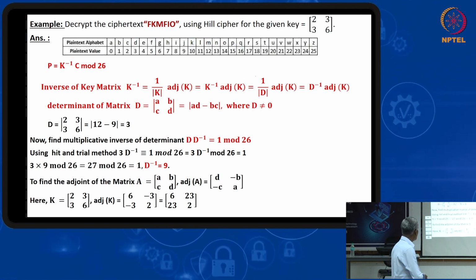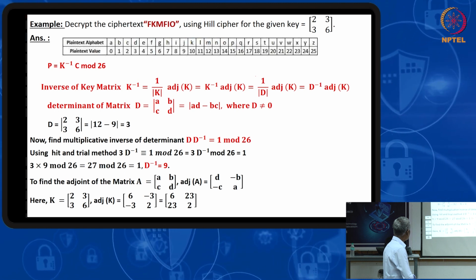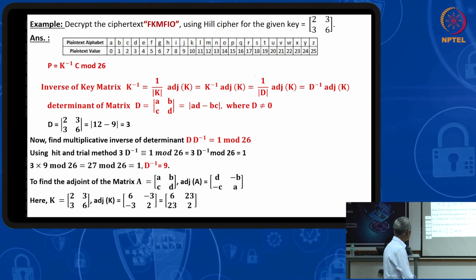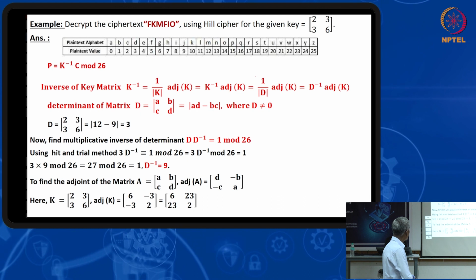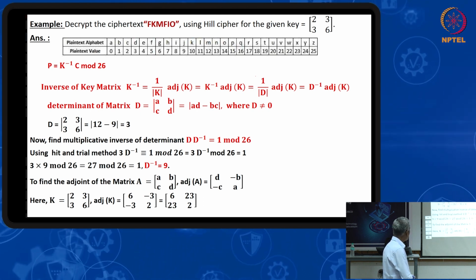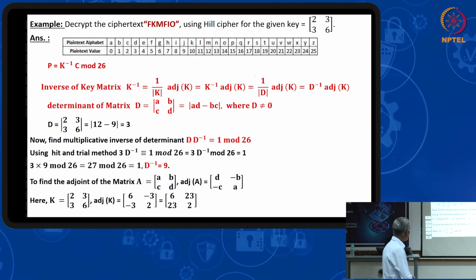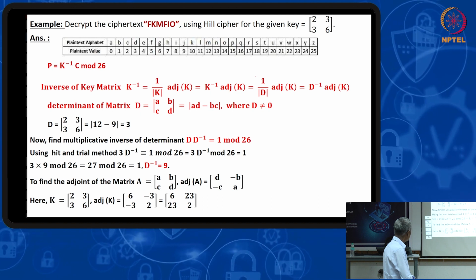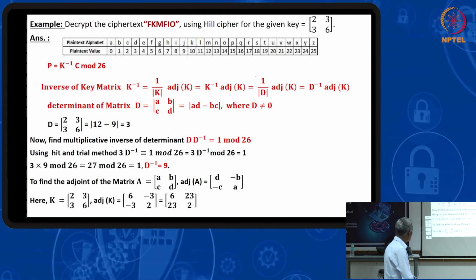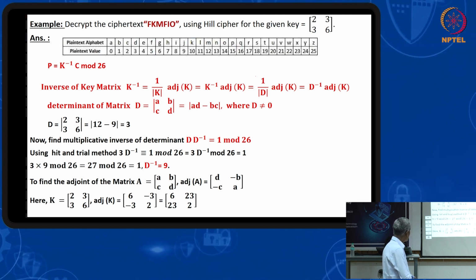What will be the cofactor of A in this? It is A11, let us say. Will it be positive or negative? A11, A12, A21, A22. Assume that this is A11, this is A12, this is A21, A22.